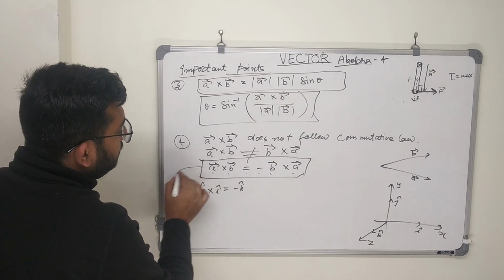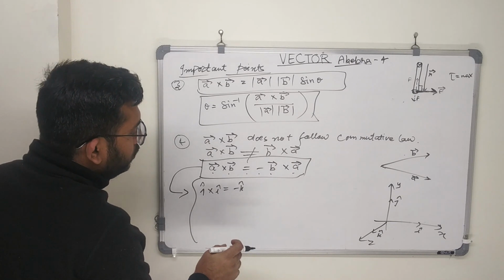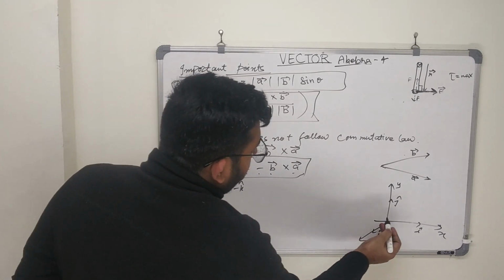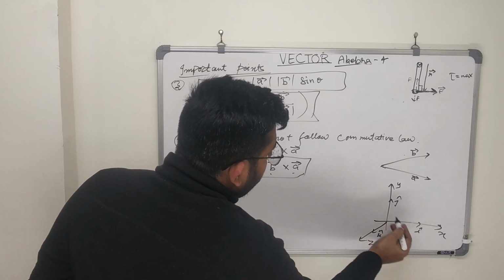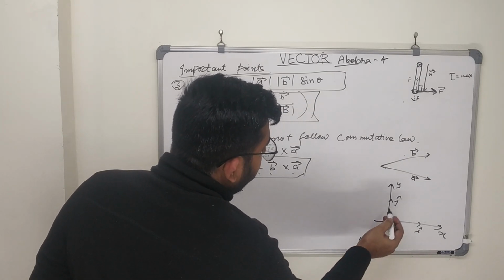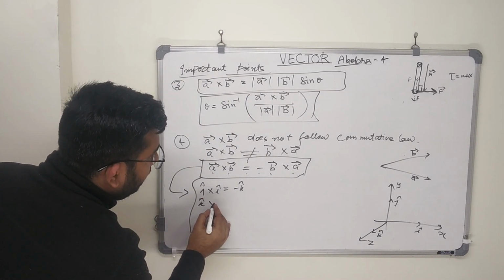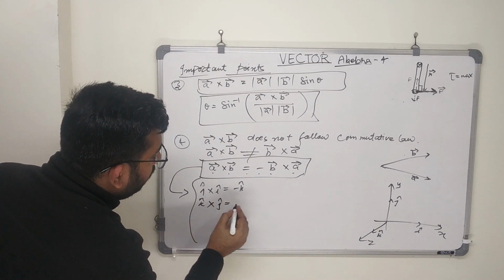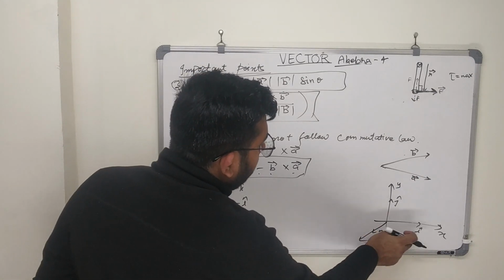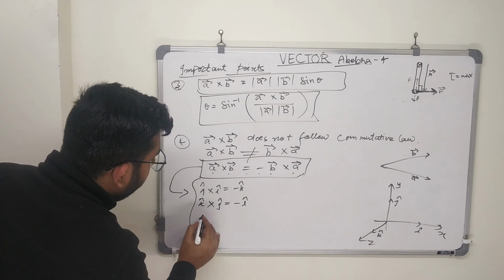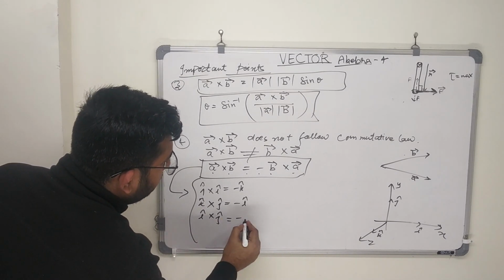With the help of this you can understand this also, and you can also compute more, that is J cross K, that is K cap cross J cap will be equal to minus of I cap, and one more, that is I cap cross K cap, that is equal to minus of J cap.